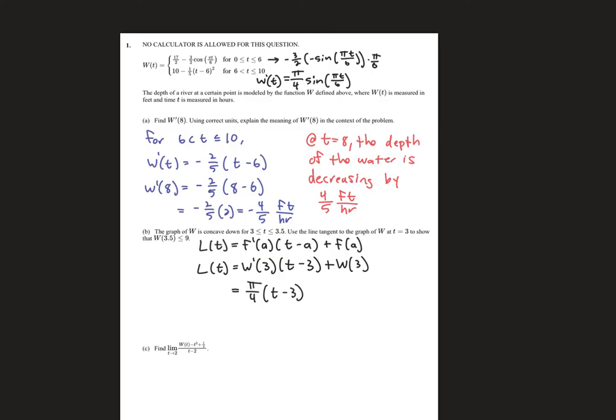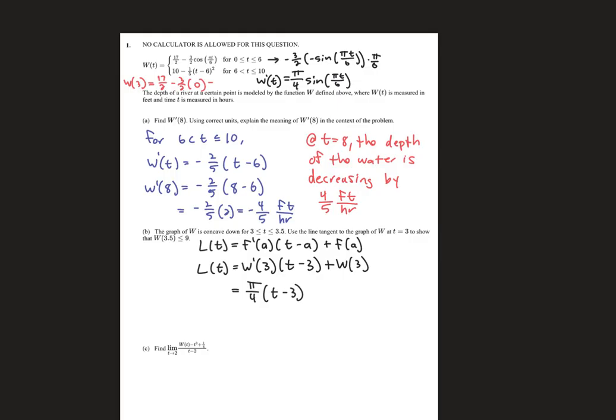Okay, and then W of 3, so we'll plug in 3 into the original now. Not much room, but W of 3 is 17 over 2 times, and then if you plug in 3 into here, you get cosine of pi over 2, and that's 0.